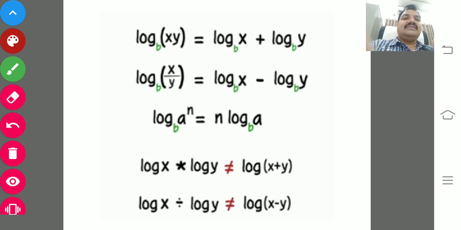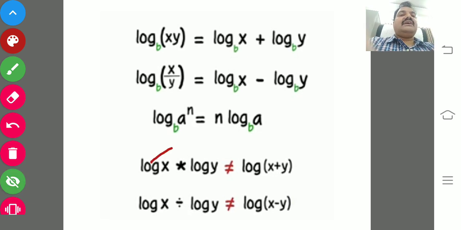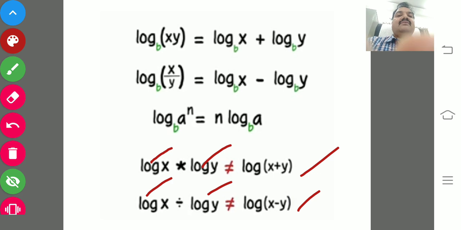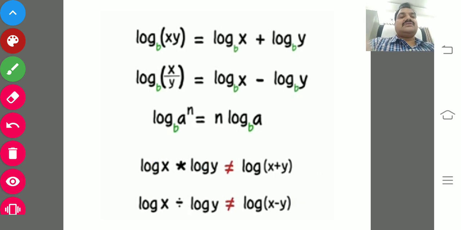So like that here also we can apply in logarithm, whereas log x into log y is not equal to log of x plus y, and log x divided by log y is not equal to log of x minus y. So proving also is involved. Using these formulas, you can apply them in your problems.